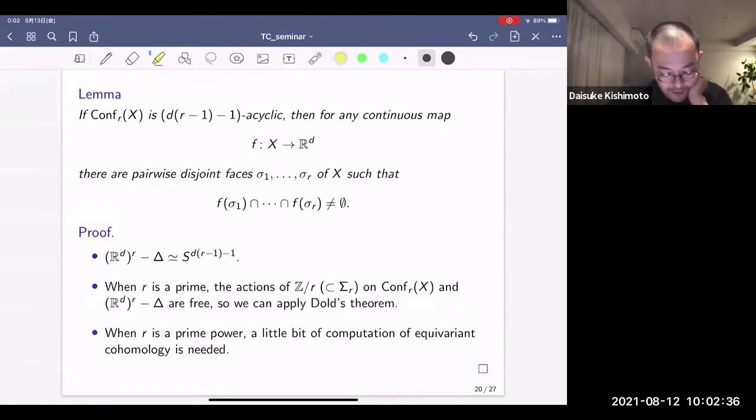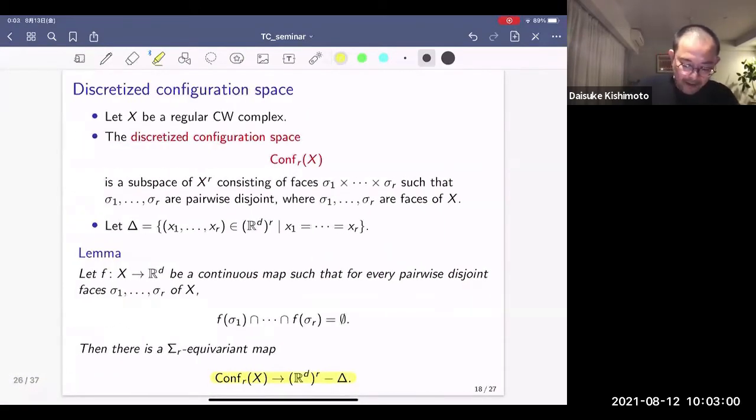Okay, so (R^D)^R minus delta is homotopy equivalent to this sphere. And when R is a prime, then Z mod R in Sigma_R acts freely on Conf_R(X). So if R is a prime, this map in yellow is a Z_R map, and Z_R acts freely on the source and the target spaces.